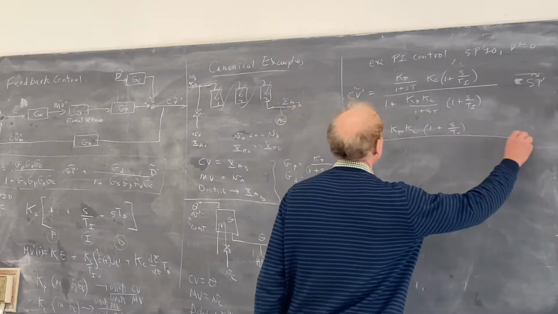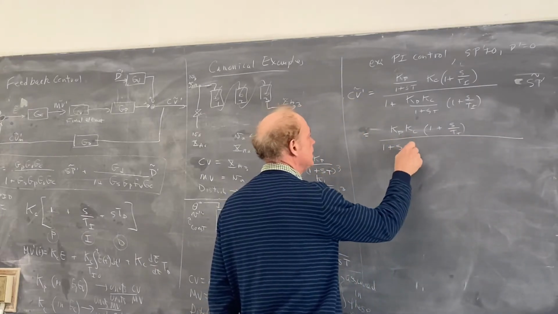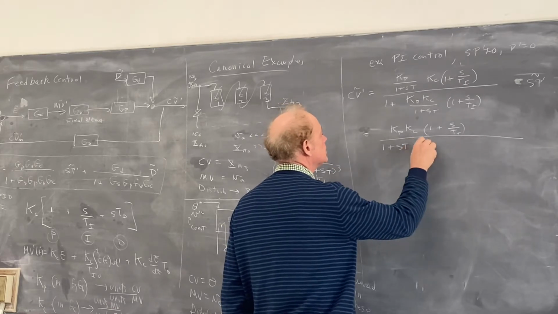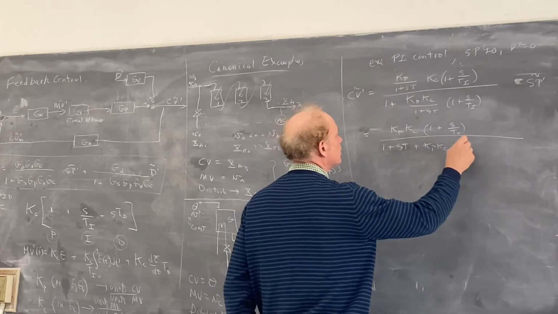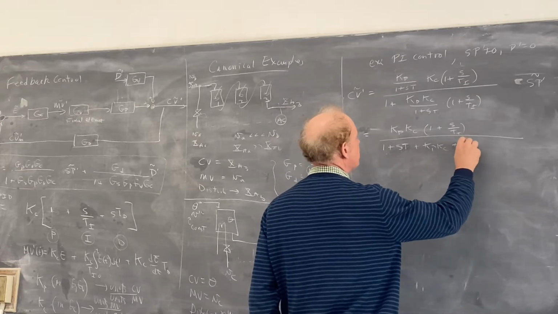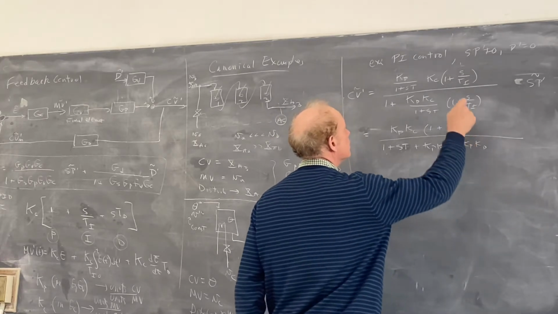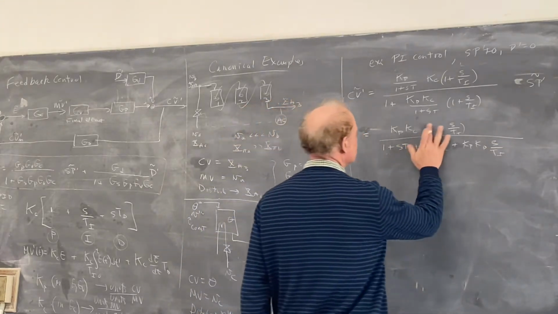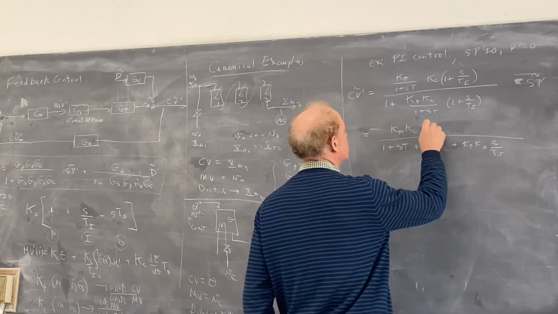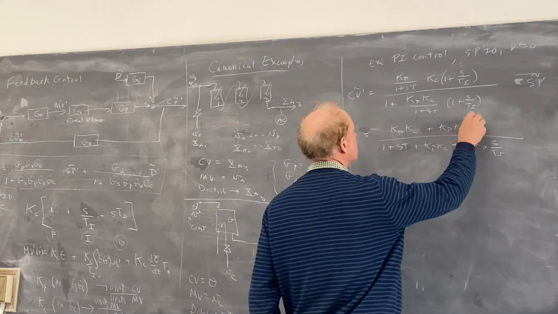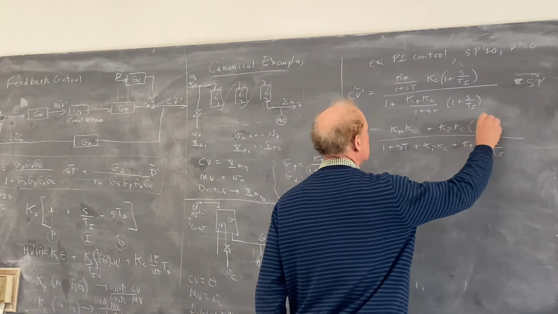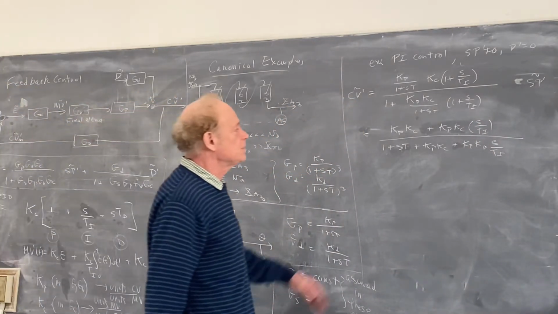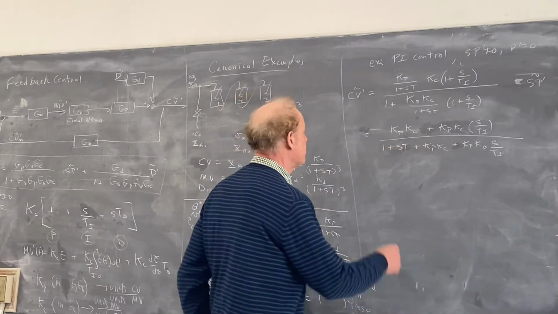Okay, so this is 1 plus ST plus KP, KC plus KP, KC, S over Ti. And let me multiply this one out too. So plus KP, KC, S over Ti. And to make this a little simpler, I'm going to divide through by KP, KC, top and bottom.